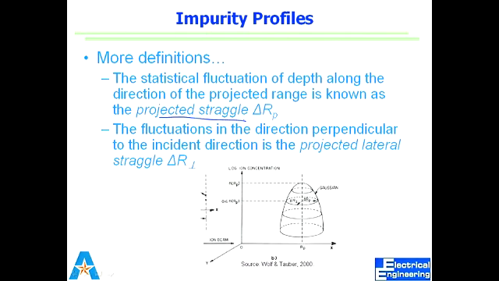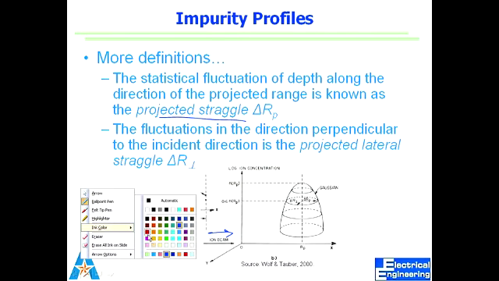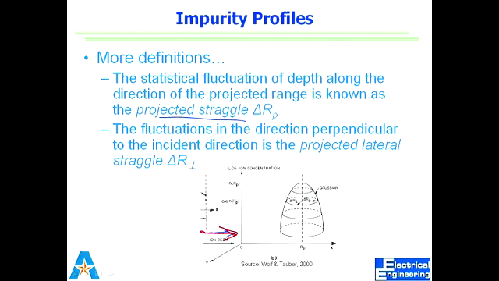Both of these are important because once we bombard with an ion beam, we get not only a distribution in the concentration of dopants, but we also get a spread in distance, which increases or decreases depending on these two straggles, ΔR_P and ΔR perpendicular. This one is perpendicular to the flow, this one is in line with the flow, and this is the projected range.